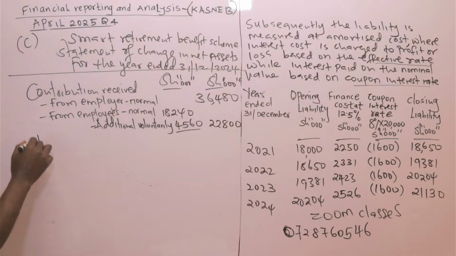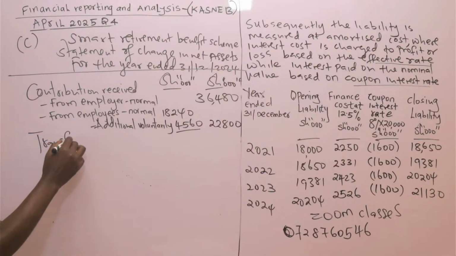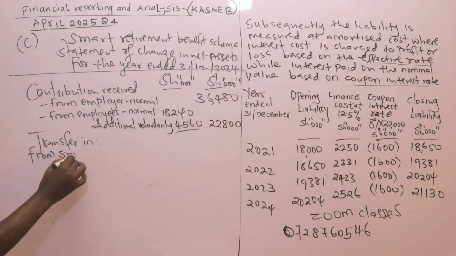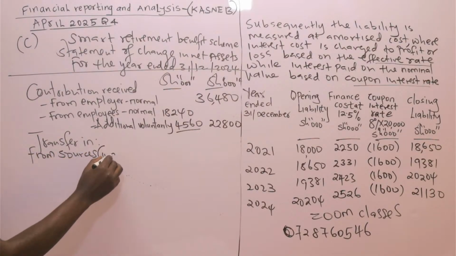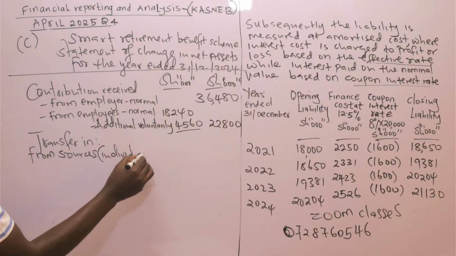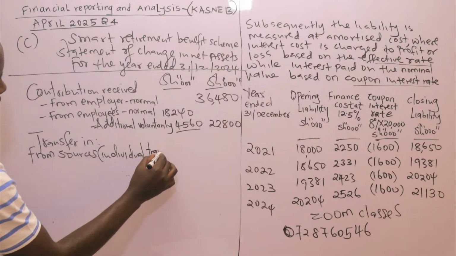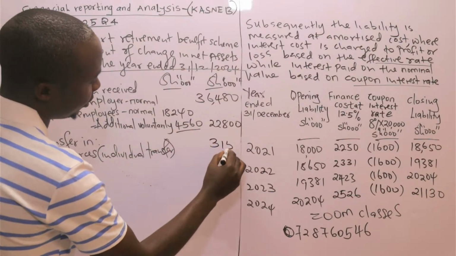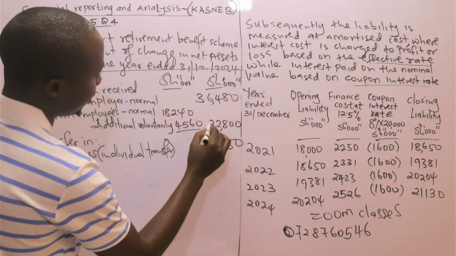Then we go ahead and look at any transfer in. We have transfer in from other sources. If you look at that trial balance, we have the one from other sources, the individual transfer, which is 3,150.